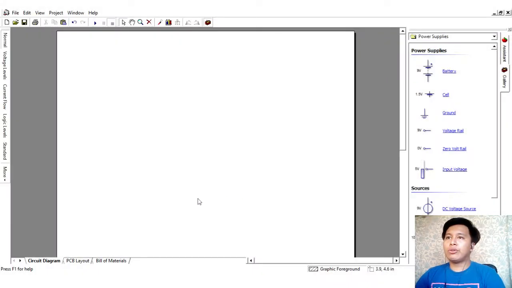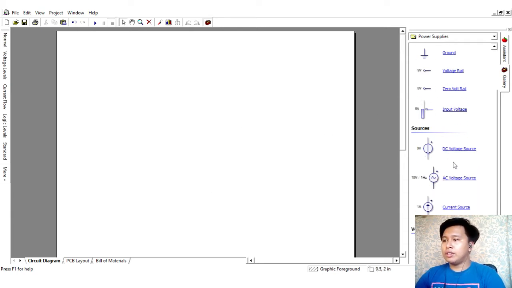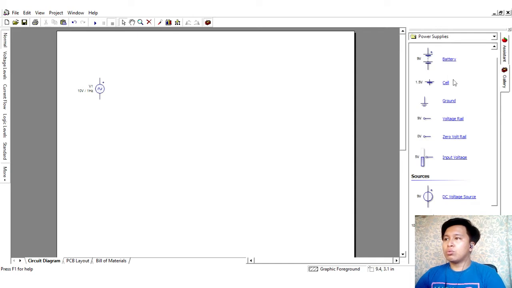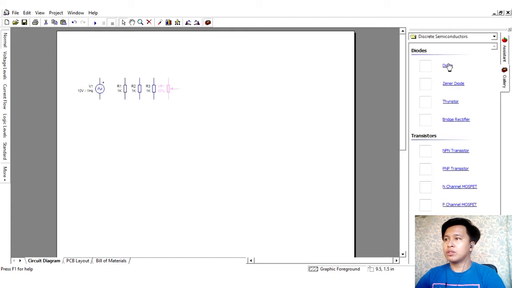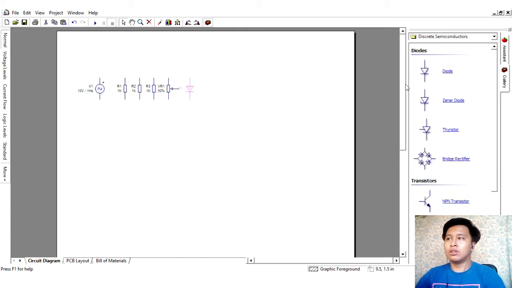Now, I am going to create an example circuit for SCR phase control. So, first, we need to have an AC voltage source, two resistors, one load resistor, a potentiometer, one diode, and one thyristor.